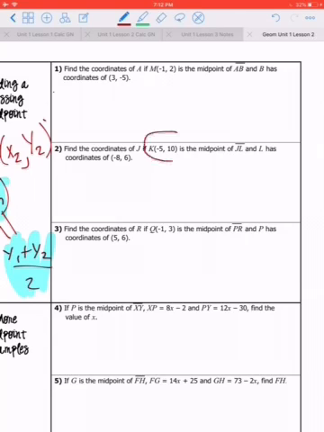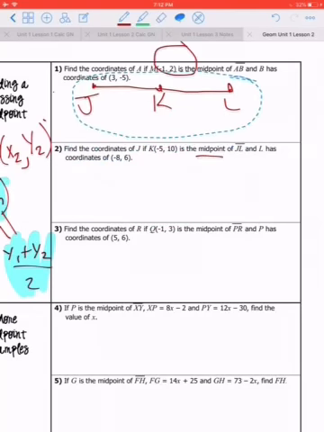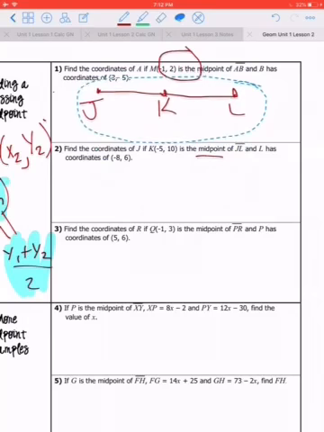We have K here, and it says it's the midpoint. So now you have a segment that's J, K, L. And we're given K and L, we're given the endpoint, (-8, 6).